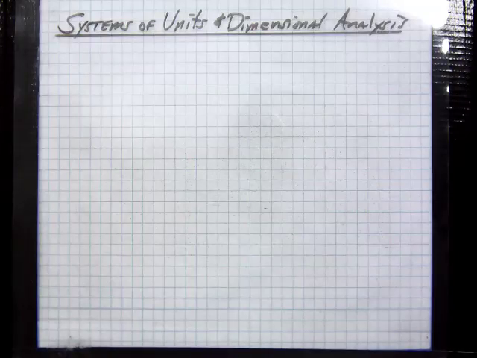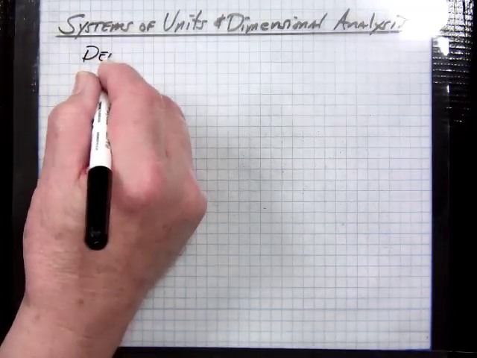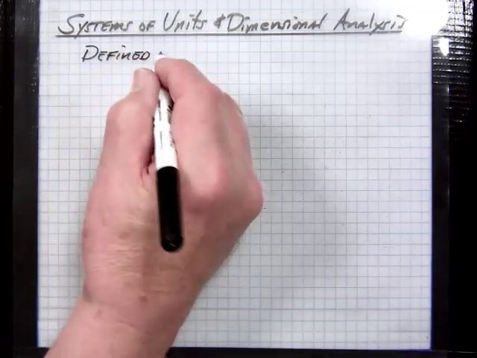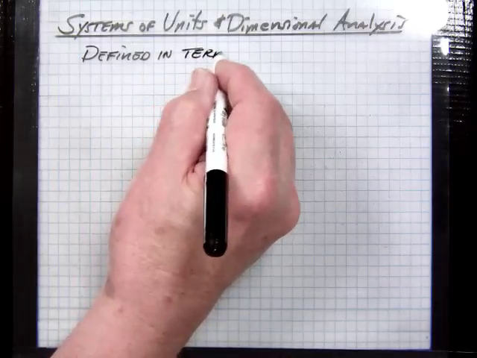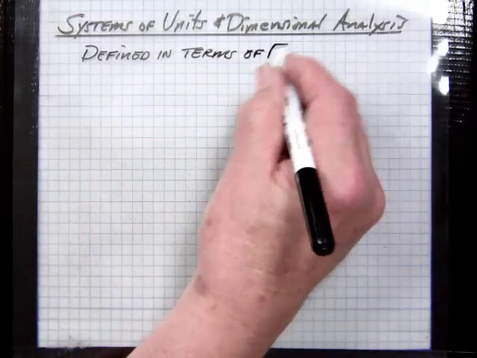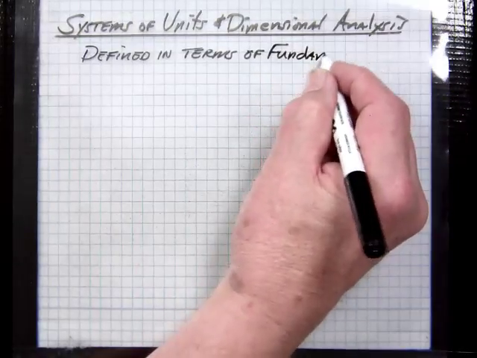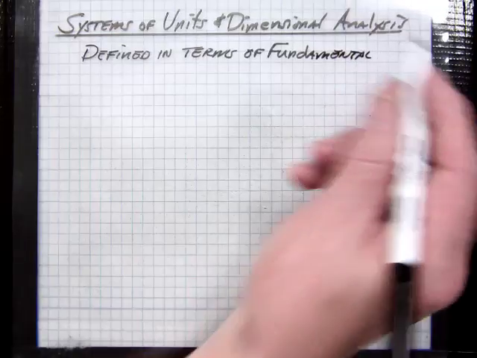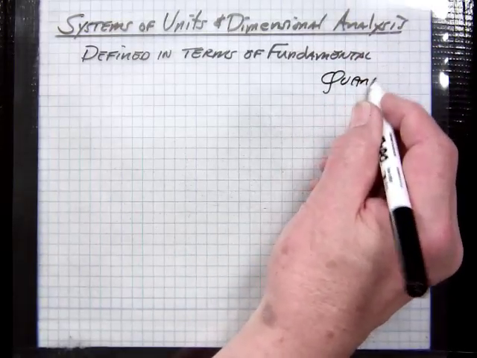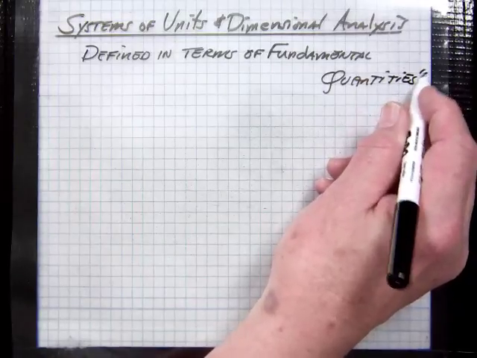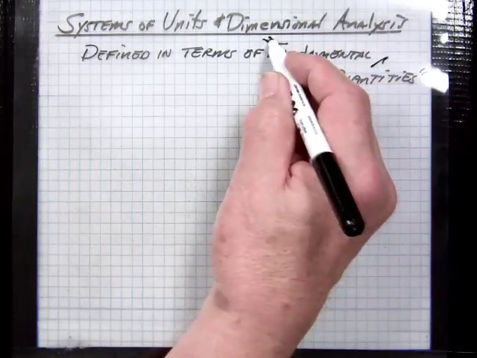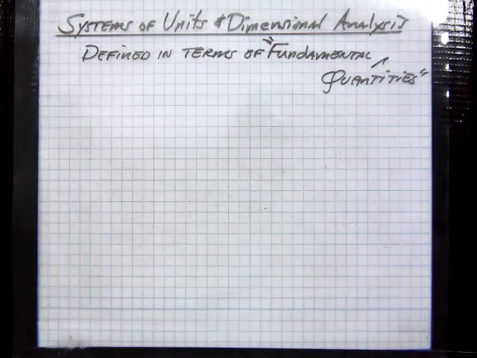So, systems of units. When we define a system of units, it's defined in terms of fundamental quantities. Fundamental quantities are definitions that we're trying to measure.